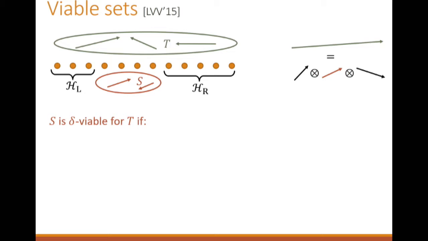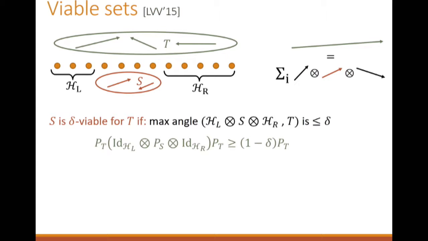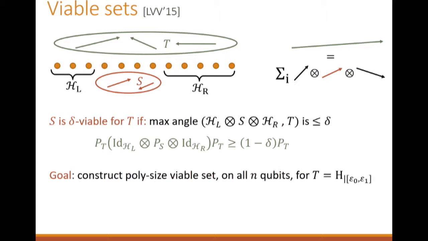I can't hope to approximate even mildly entangled vectors using product states. So also I allow linear combinations. So that's the definition of a variable set. S is a variable set for T if any vector in T can be represented as a linear combination of stuff that's anything on the left, anything on the right, but in the middle it must come from S. I wrote up the mathematical definition of it here if you care, but I think the intuitive definition is good enough.